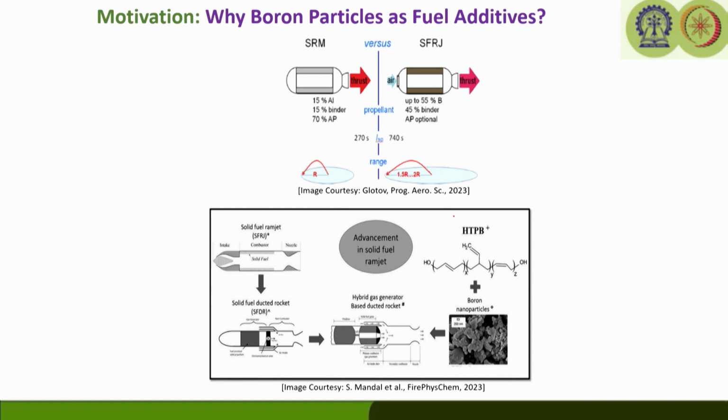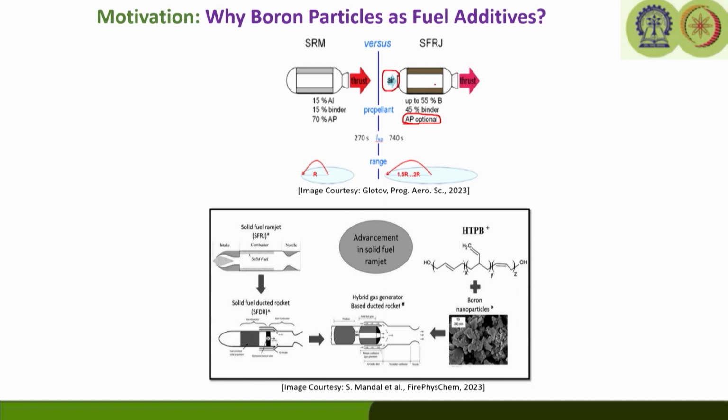You see, another motivation has been mentioned here. If we compare a solid rocket motor consisting of 15% aluminum, 15% binder and 70% AP with a solid fuel ramjet, where we can load up to 55% boron with 45% binder, AP may be optional, because in a ramjet the air is considered the oxidizer; oxygen from air will be used.